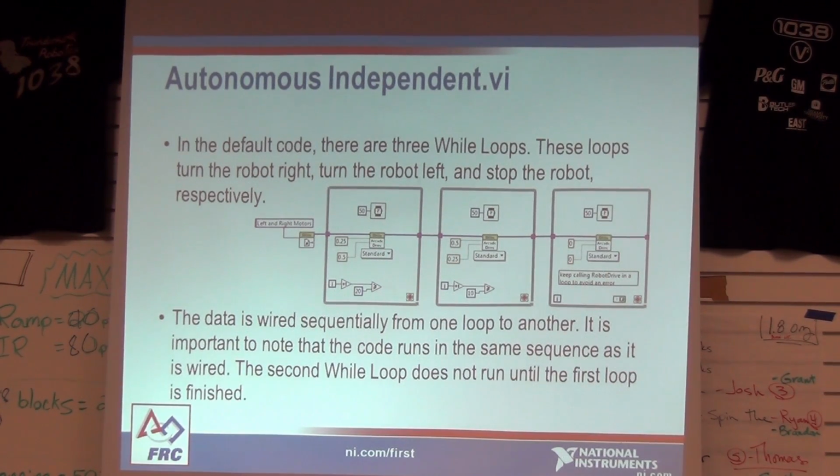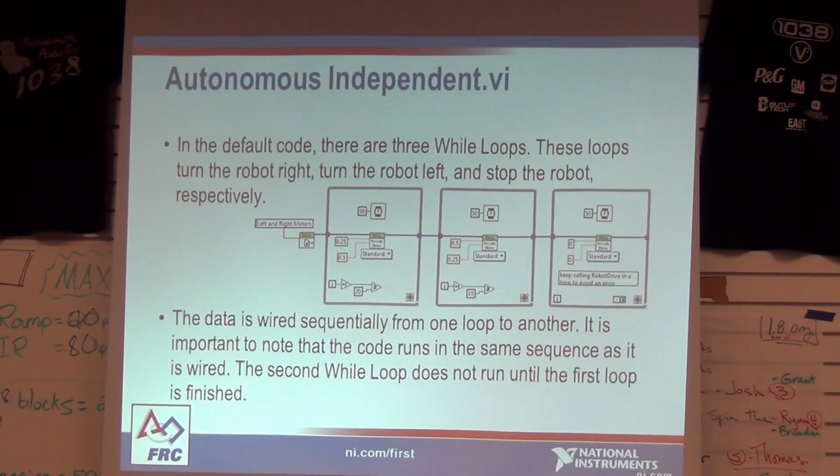Your robot's probably going to be shaken because it's going to be trying to turn left and right at the same time, because this loop will be running and this loop will be running at the same time. Actually, so will this loop, so you'll be stopping while you're running. That's why data flow is important to get down.